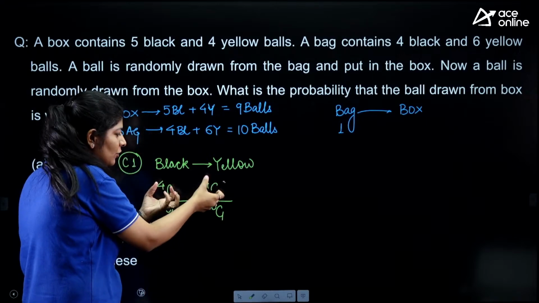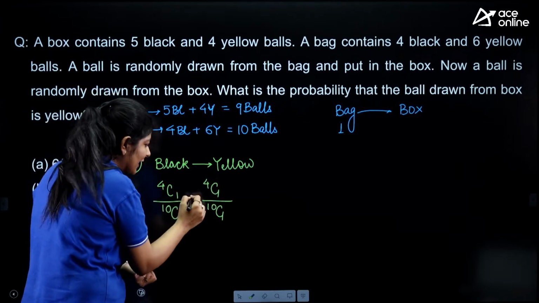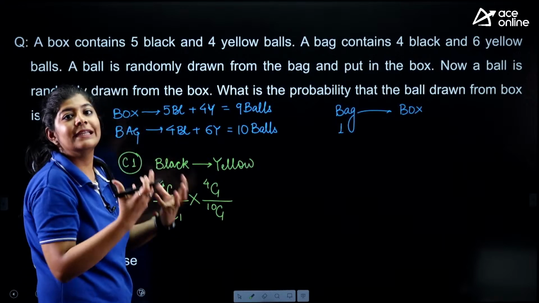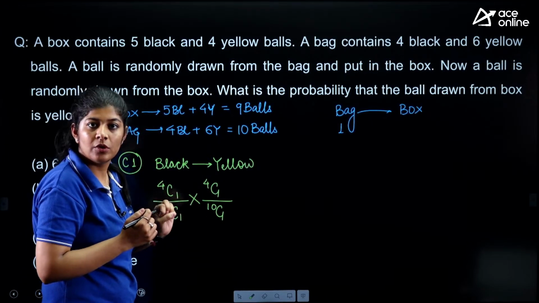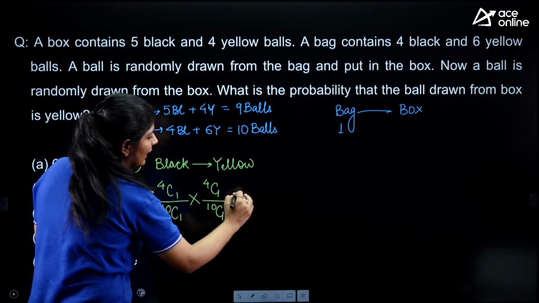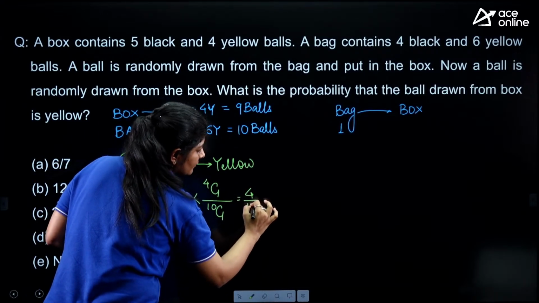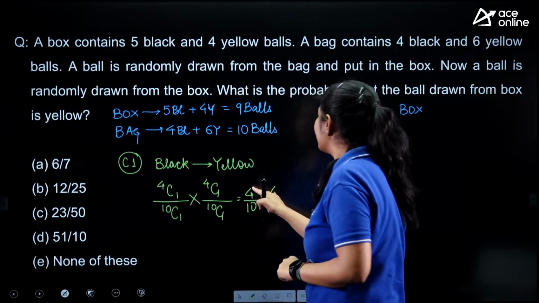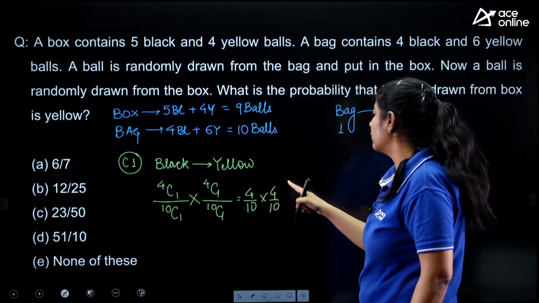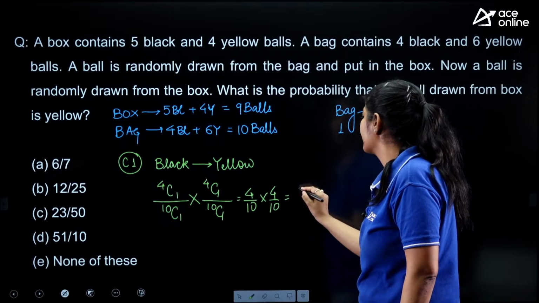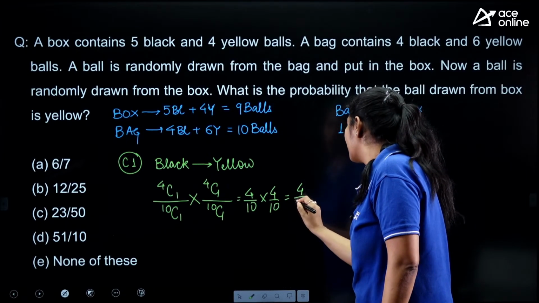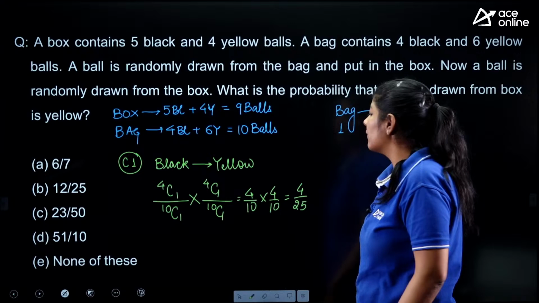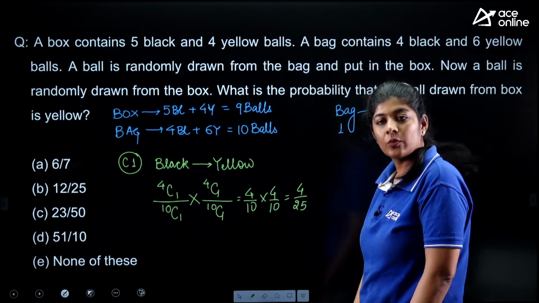Here I need to apply both things, so I'll simply multiply, right? So here I'll get 4 by 10 into 4 by 10. Here I'll get 2 by 5, 2 by 5. So ultimately I'll get 4 by 25.